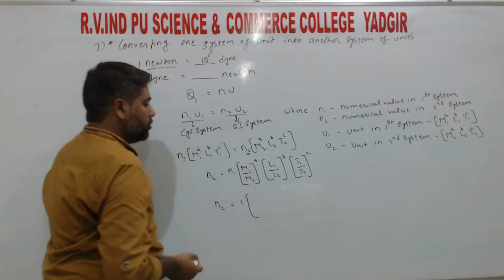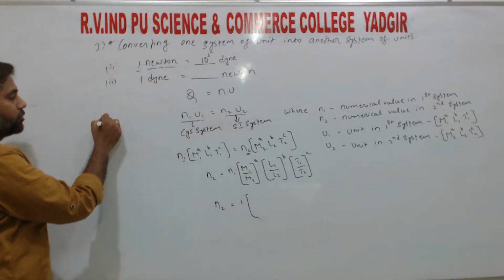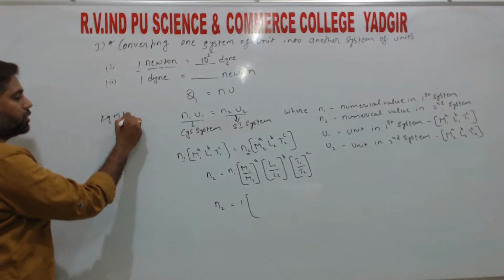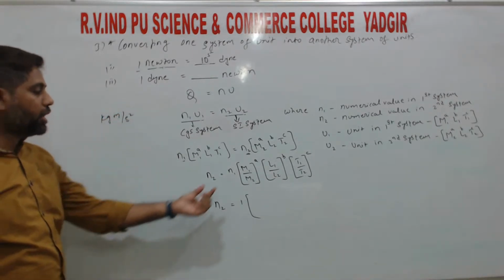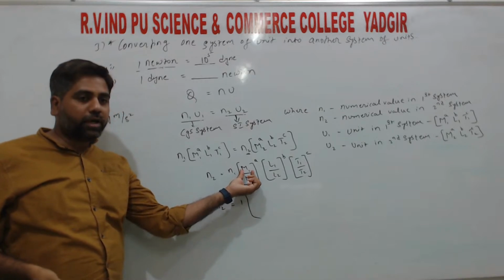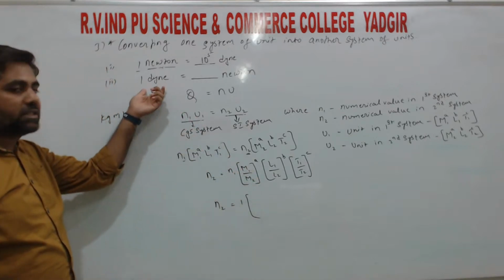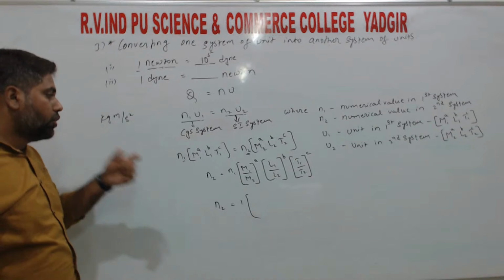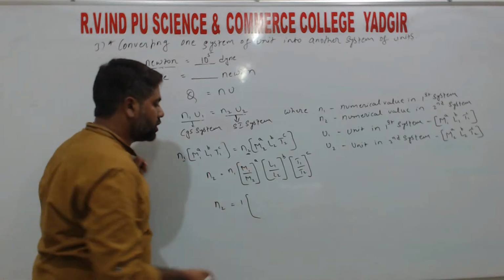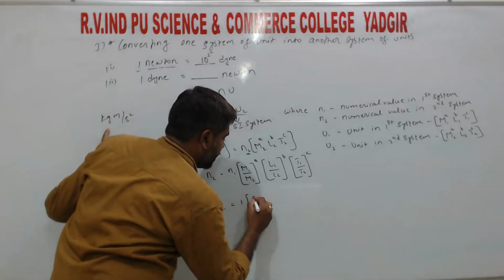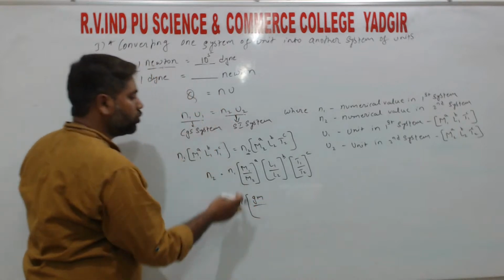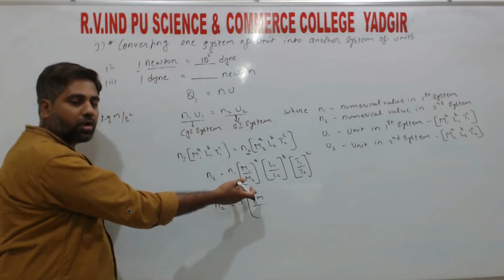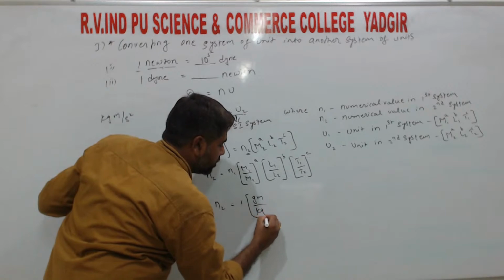So M1 again, kg meter per second square. M1 is the unit for mass in the CGS system, right? In which unit do we measure mass in the CGS system? That is in gram. M2 is in the SI system, in which we measure in kg.